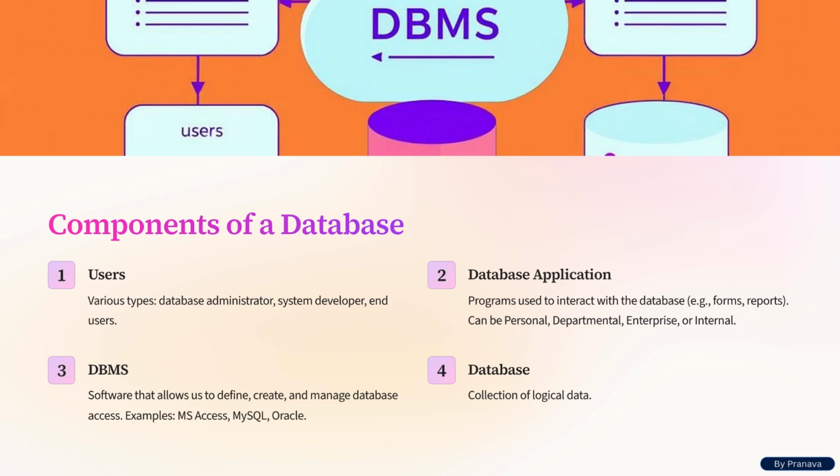Examples are forms and reports, which can be for personal use, departmental use, enterprise or internal programs. So the database application is where the programs interact with the databases, like forms, tables, reports, sheets, etc. These are the place where programs and the database first meet each other, that is, where the raw data is given to the database.